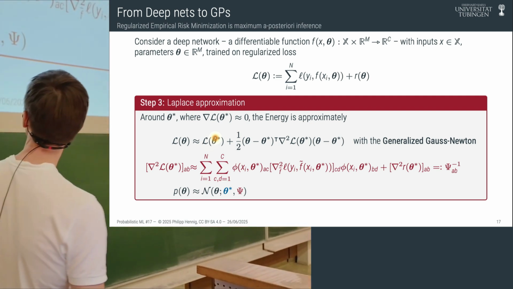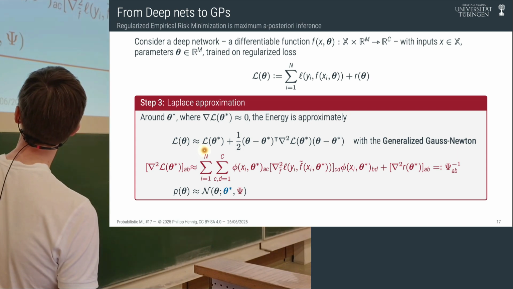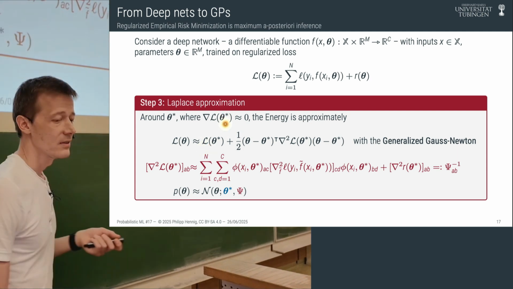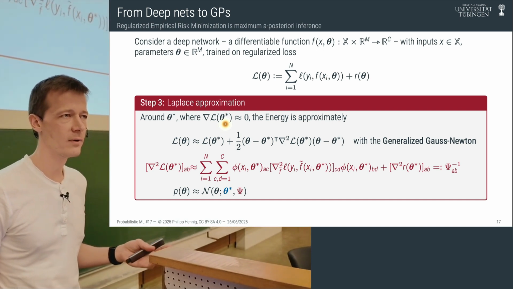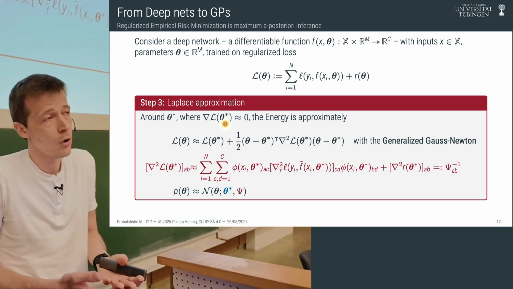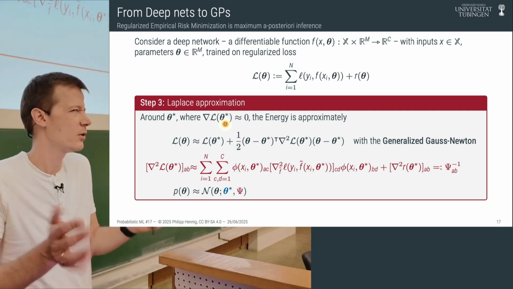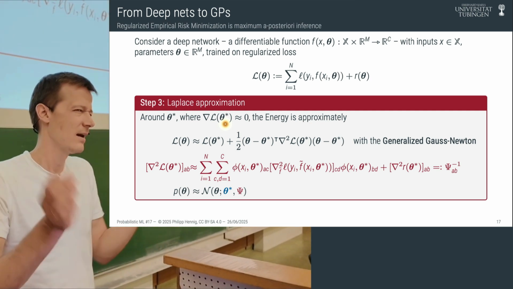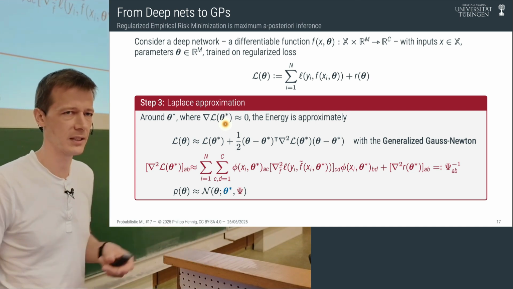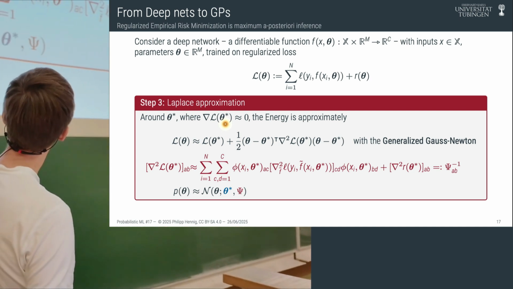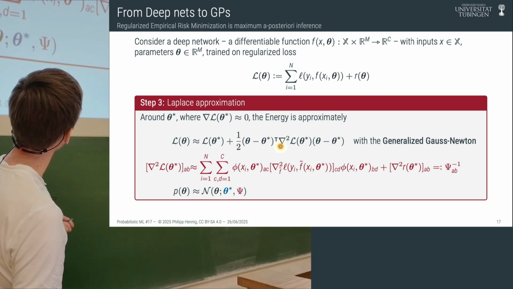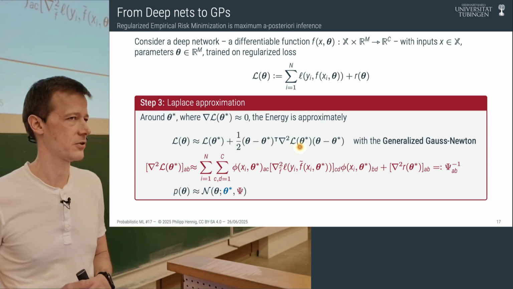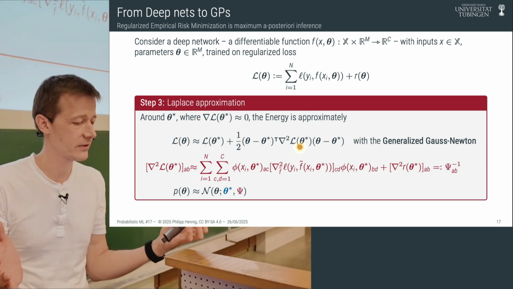So the first thing we'll do is we'll say, OK, a Taylor approximation has a constant term plus a linear term, but let's just say the linear term is 0. Why? Because we've trained the network, so we're at a mode, so the gradient is probably 0. It's actually not true that it's fully 0, because we've used stochastic optimization. It might not have converged yet, but whatever. We're just going to ignore that term. It's probably small. Plus a quadratic term, and that quadratic term involves the Hessian of the loss function. So it's a second-order derivative of the loss function.